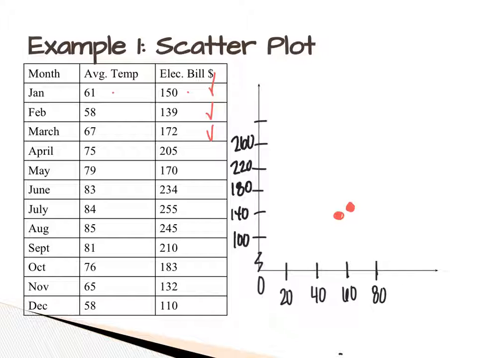So halfway between 60 and 80, and 172 is going to be almost at 180. 79 and 170, so 80 and then up to between 140 and 180. 83 and 234, so past 80 and then up to between 220 and 260. 84 and 255, past 80, up to almost 260.